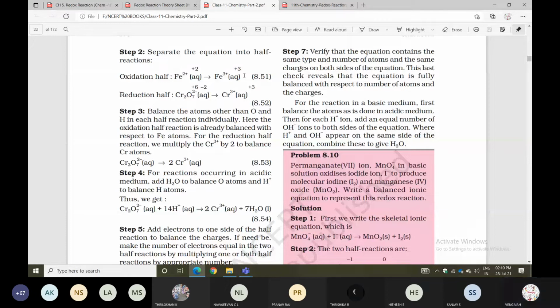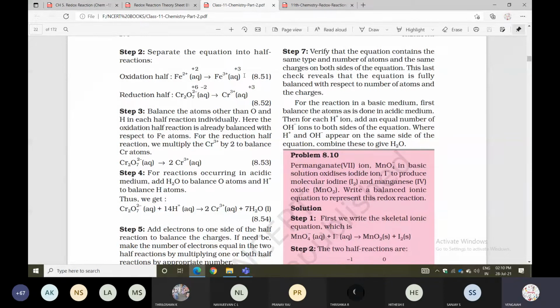Next step is to balance the atoms other than oxygen and hydrogen. Except oxygen and hydrogen, the remaining elements can be balanced. Here the oxidation half reaction is already balanced with respect to Fe, so no need to balance it.